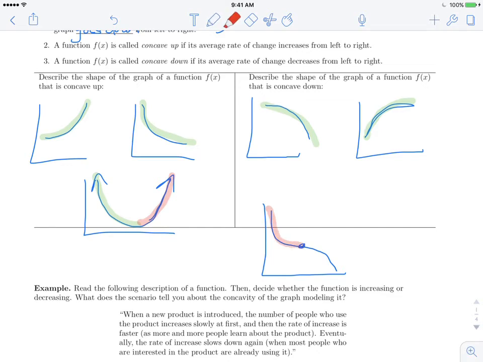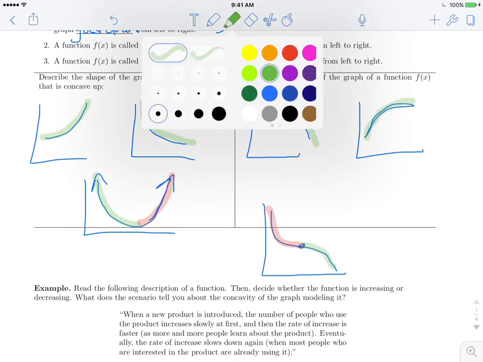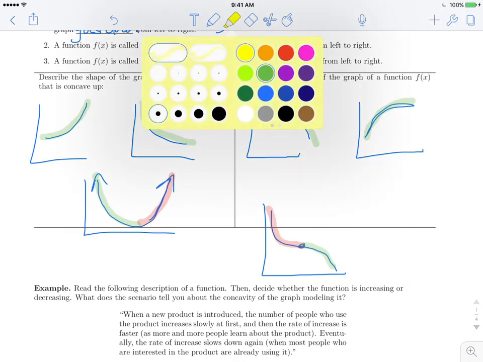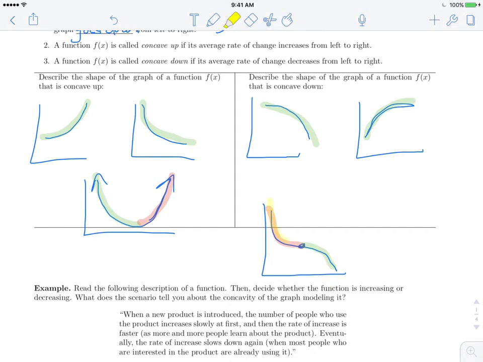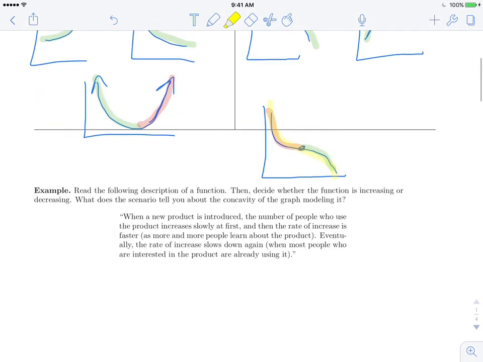It's concave down right here. And so we have, it's decreasing the whole time because if we look at the whole thing overall, it's going from here always continually down, but the concavity is different. So again, you kind of have to pay attention to all those different things.